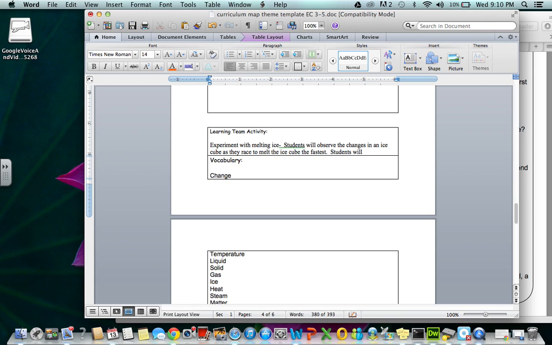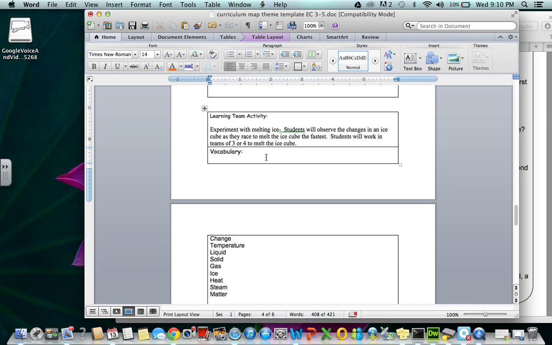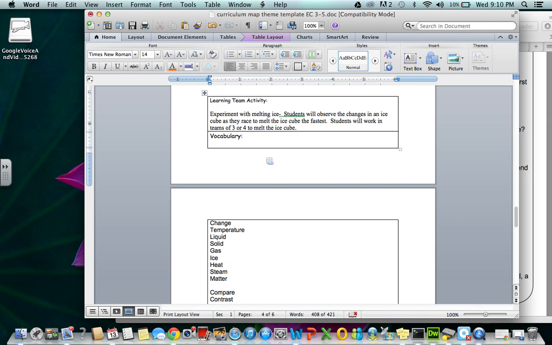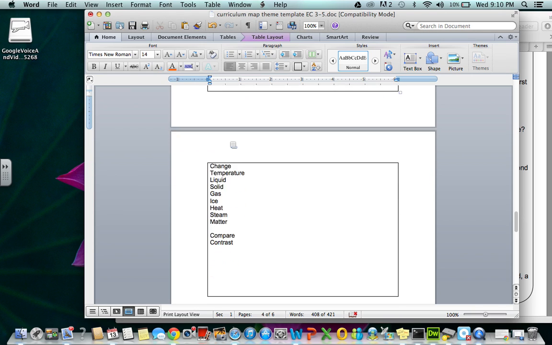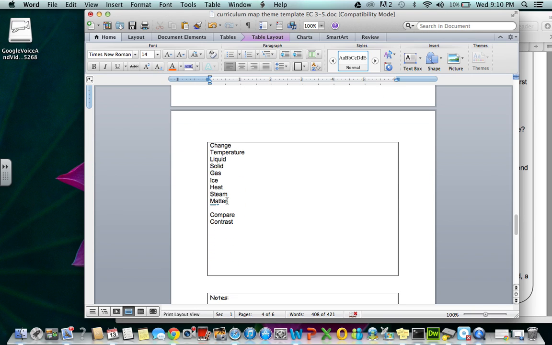Students will work in teams of 3 or 4 to melt the ice cube. Afterwards, you might discuss what the students who won did to help melt their ice cube fastest and what they observed as the change. Then you're going to add in your vocabulary for the lesson. Now notice I added in science vocabulary, and I also added in some ELA vocabulary also.